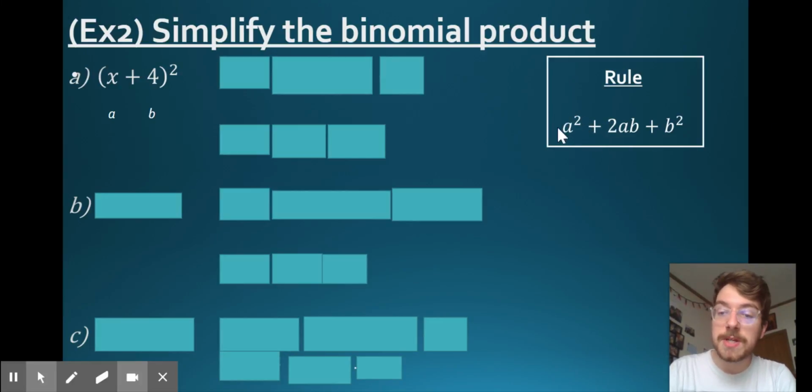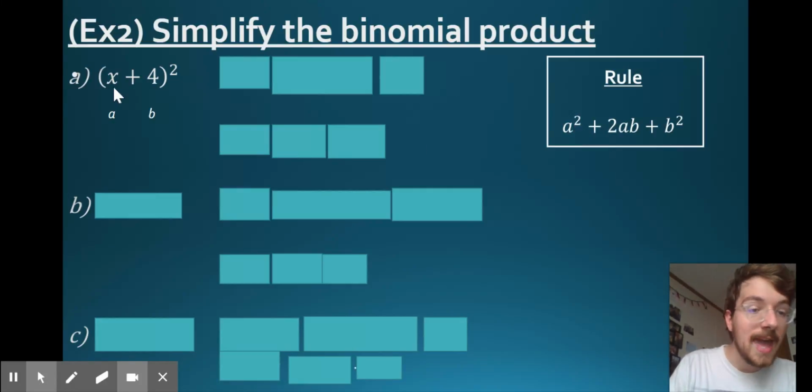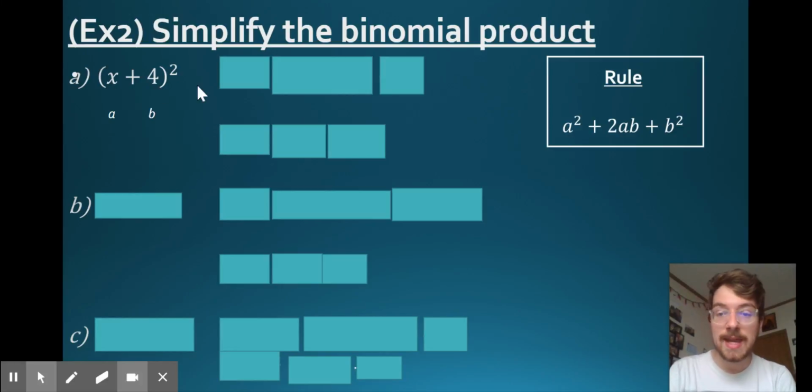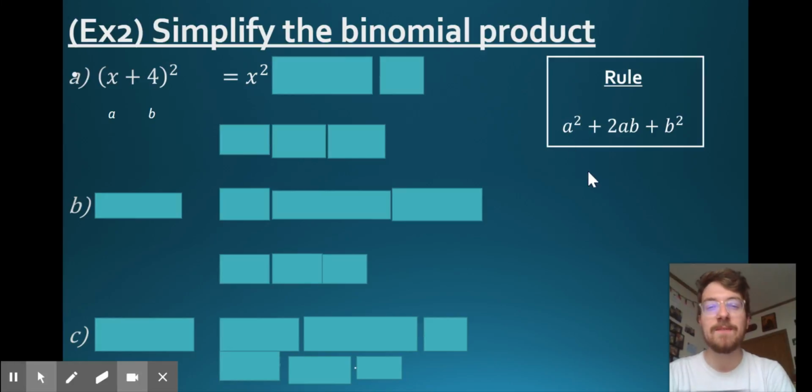I know my first term in this answer should be whatever the first term is, the a term, squared. Well, let's look over here. x is my first term, and I have to square it. So the first term is going to be x squared. The middle one is the weirdest one. I have to take 2 times my a term times my b term.